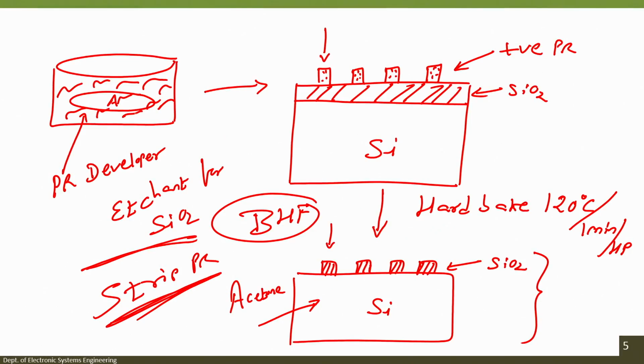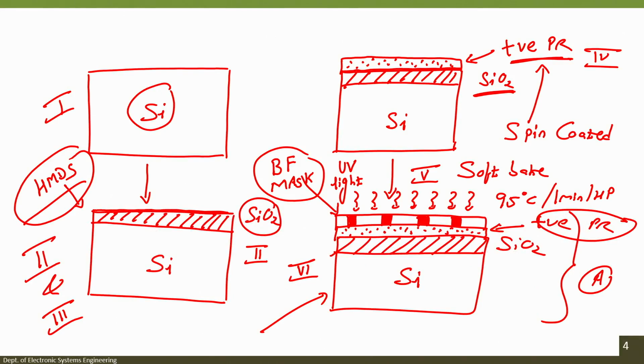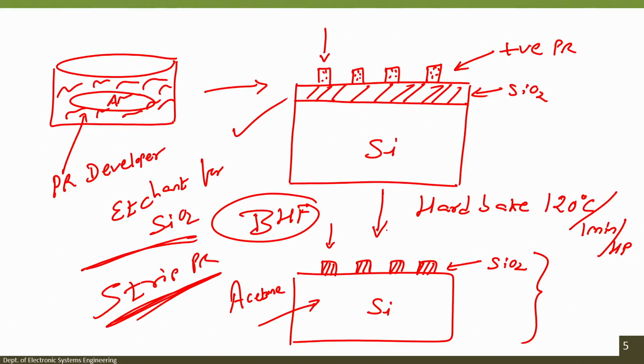So, when you develop the wafer in photoresist developer, what will you have? You will have this particular pattern where the unexposed area will become stronger because it is a positive photoresist. The next step would be a hard bake at 120 degree centigrade, 1 minute, hot plate, and then you can dip the wafer in BHF.